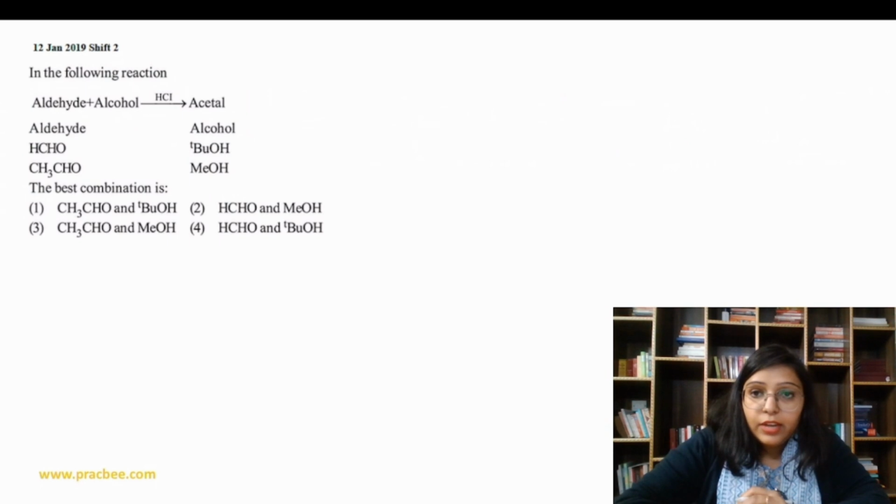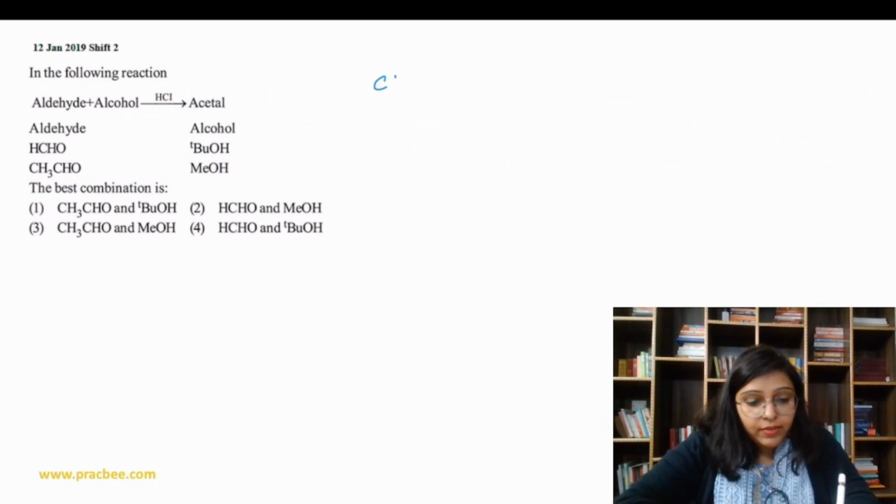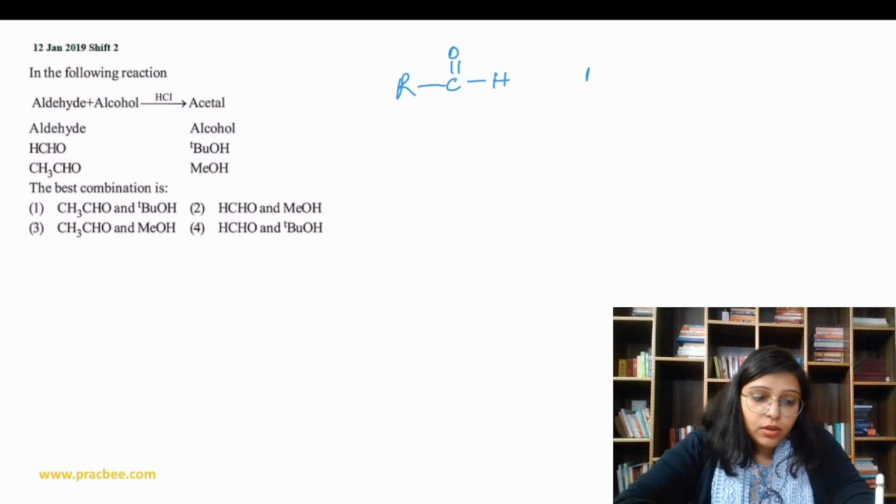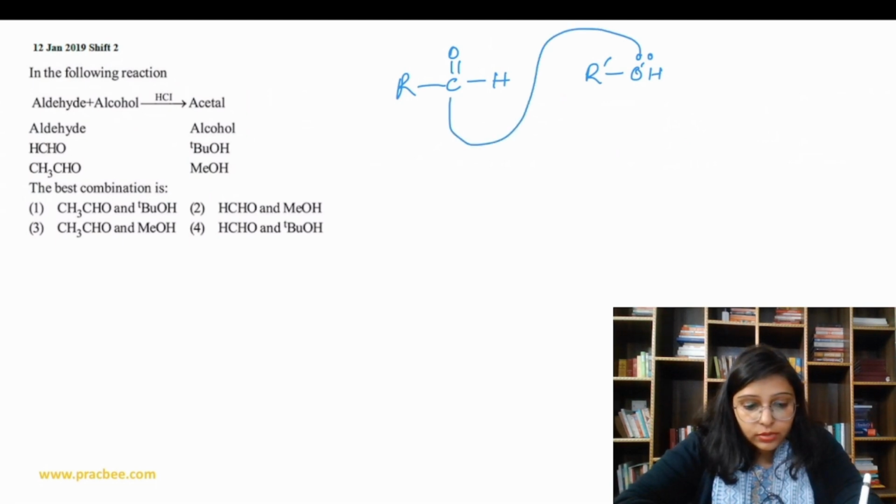In the following reaction, aldehyde plus alcohol. See, we have aldehyde RCHO, and we have alcohol R'OH. So what happens? Nucleophilic addition reaction. The oxygen lone pair attacks the carbonyl carbon, and the electrons of the double bond shift towards oxygen.